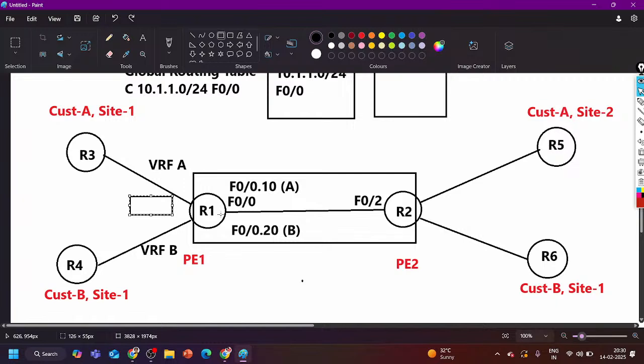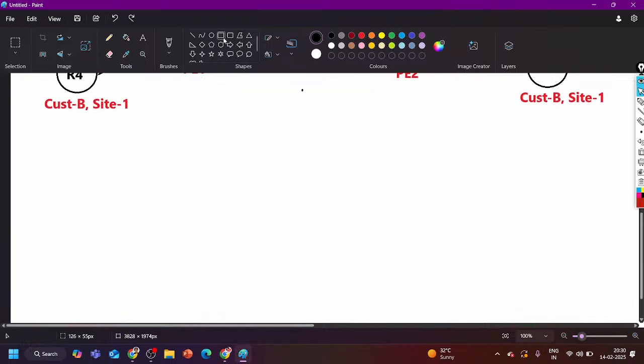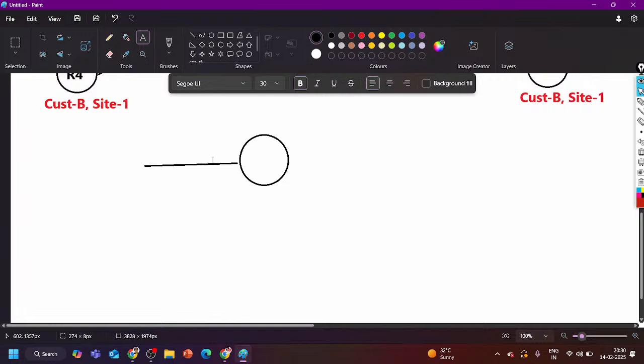Suppose one interface, F1/0, for VRF A, you can see on router 1, and this is going to multiple customers, like .1Q, F0/0.10, .20. How can this one cable connect multiple customers?